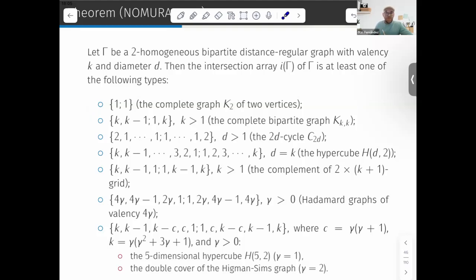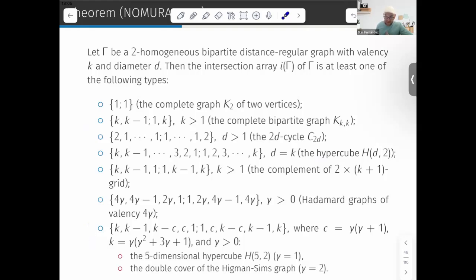So every graph which has this property, and is bipartite distance-regular, is one of the following. Here we have, for instance, the hypercube, and when d is equal to 3 it is the example that we saw before, or a Kalmar graph, or some graph of diameter 5.